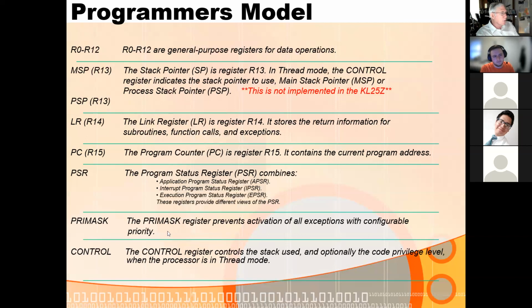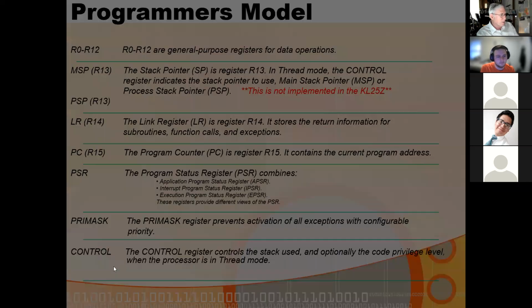And there's a control register that also has to do with which stack pointer you're using if 2 were implemented, which they're not. It also controls, in the higher level chips, which assembly language instruction set you're actually executing. But in this chip, there's only one that can execute, so that bit should always be left alone.